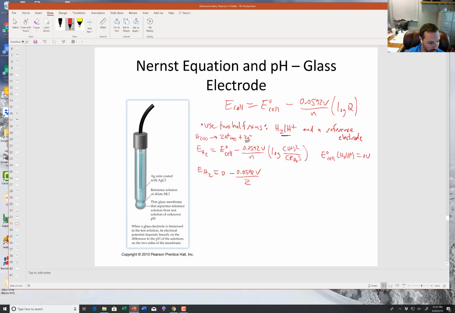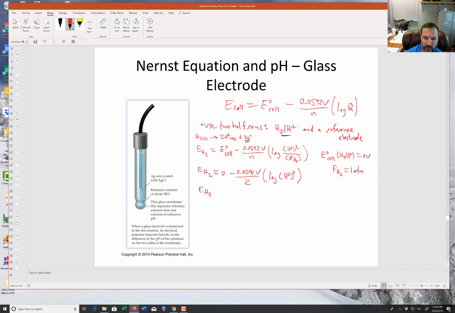And we know that we have a pressure of 1 atm. So we can essentially say then that we have log of H+ concentration squared. So we can ignore the 1 atm. It just factors out.